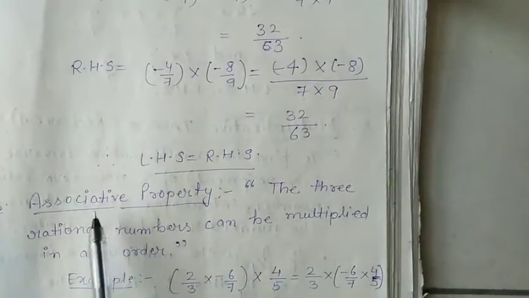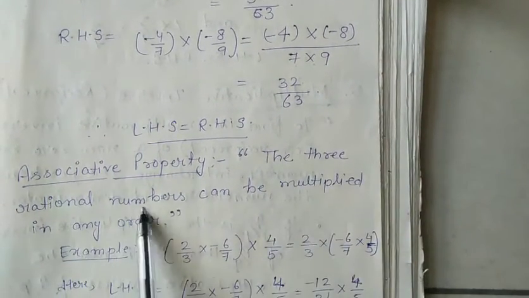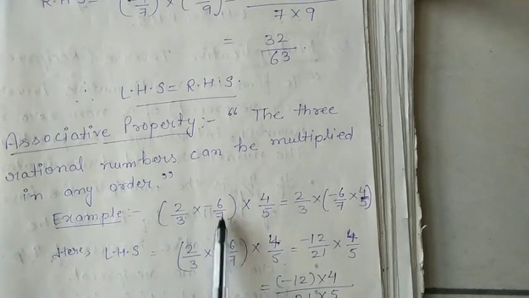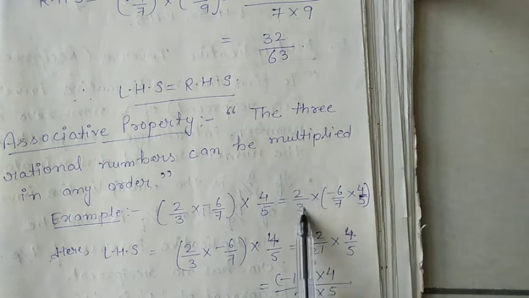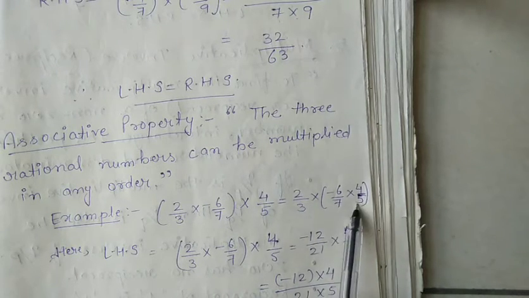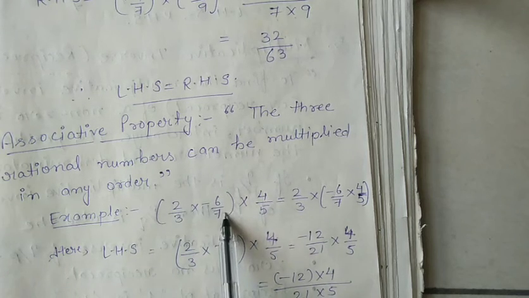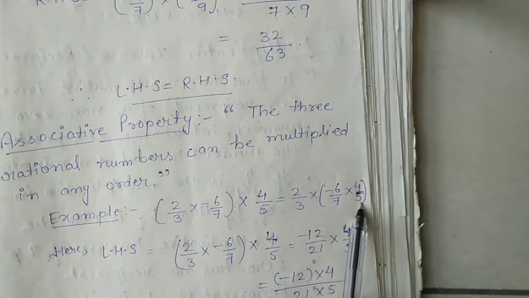The third one is the associative property. Three rational numbers can be multiplied in any order, that is, 2 by 3 into minus 6 by 7 into 4 by 5 is equal to 2 by 3 into minus 6 by 7 into 4 by 5, but on the LHS we put the bracket on the first two numbers, and on the RHS we put the bracket on the last two numbers.